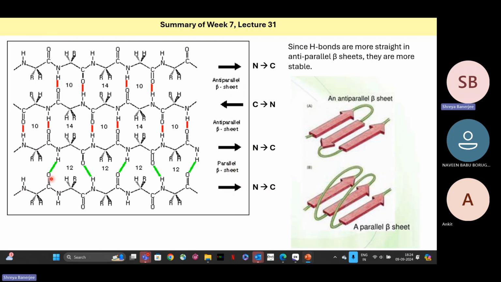Now the pattern of hydrogen bonding is slightly different in antiparallel and parallel beta sheets. In antiparallel, you can see the NH and CO are directly facing each other. Again here, CO and NH directly facing each other. So the hydrogen bonds are straight and so they are much stronger. Whereas in this parallel beta sheet, NH and CO are at an angle to each other.